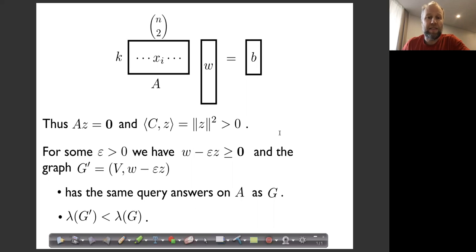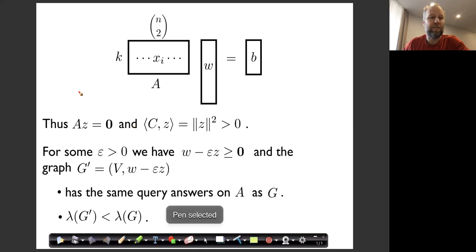Again, we have C equal to Y plus Z. Z is not the all zero vector, and Z is in the kernel, so A times Z is the all zero vector. The dot product of C with Z, since Z is orthogonal to Y, is just the norm of Z squared, and that's going to be positive.